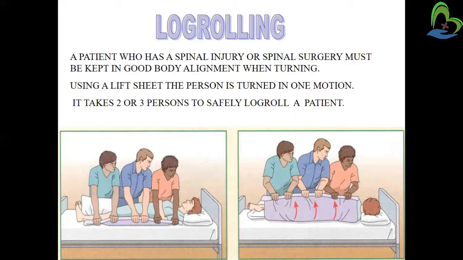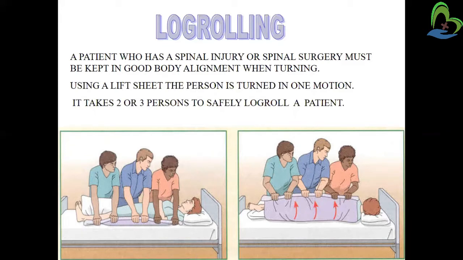If the patient has a spinal injury or spinal surgery, they can't move their body by themselves. In that case we can apply this log rolling sheet, and by that we can turn the body of the patient in the bed area.